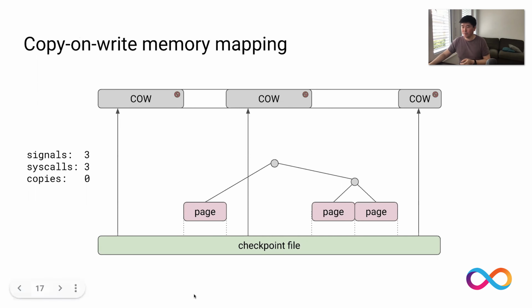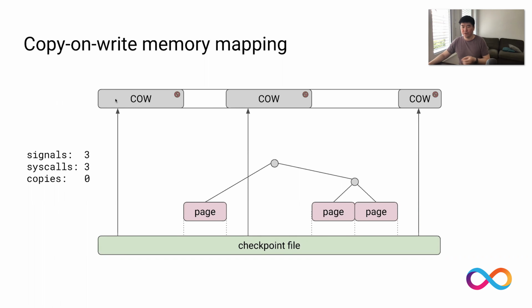This mapping can happen all at once, and it's a copy-on-write mapping. This improves the situation for read accesses, because reads can be done on all these ranges without any help from the signal handler.